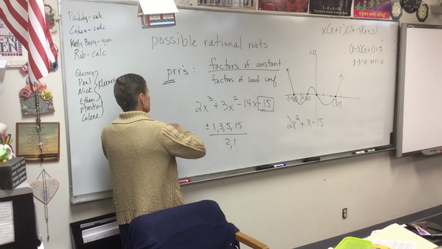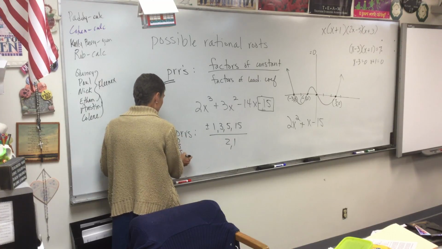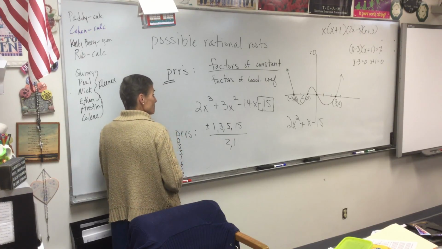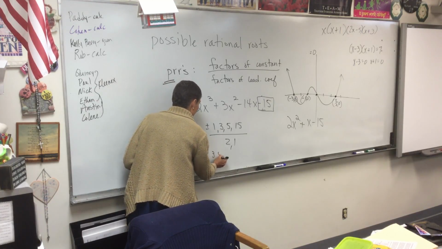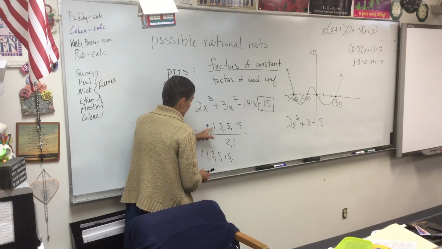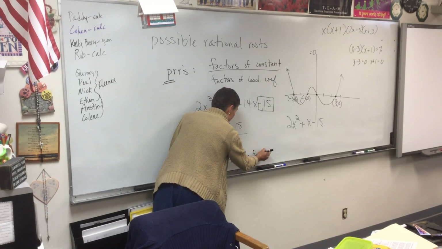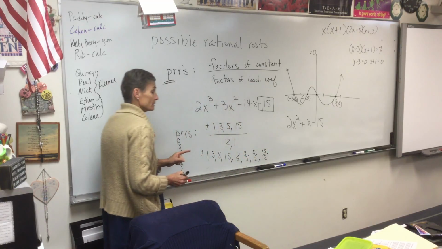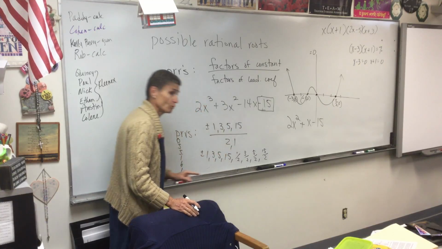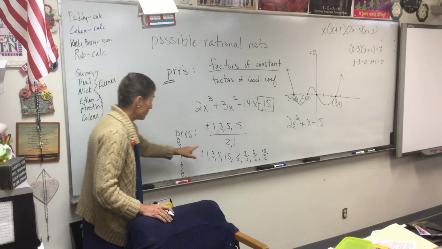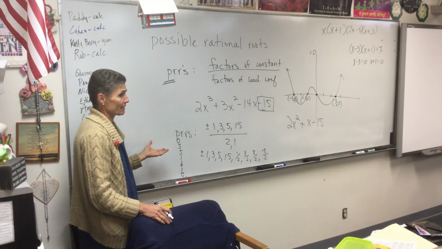Instead of being able to choose any number in the whole wide world, my possible rational roots are 1, 3, 5, and 15, and then 1 half, 3 halves, 5 halves, and 15 halves. So all of these numbers over 1 and all of these numbers over 2, that's my pool.